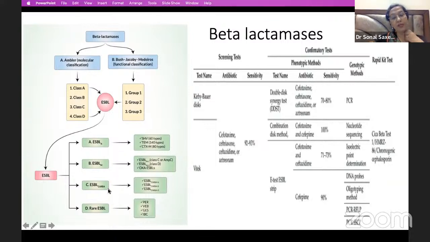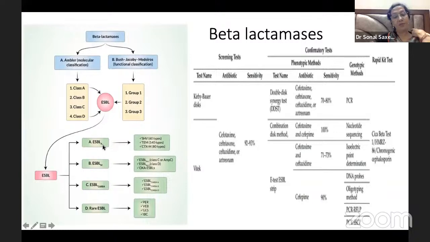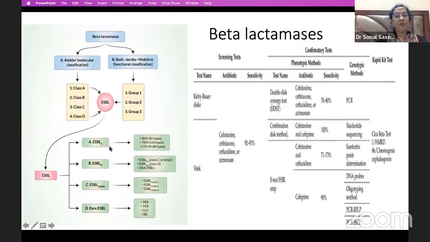One is those which are ESBL-CARBA, the ones which are rare. A1s are those which are present in most of the Enterobacterales like Enterobacteriaceae. The M1 are those which are AmpC mediated or OXA ESBL or class D ESBL. So this is the initial information that you all have.